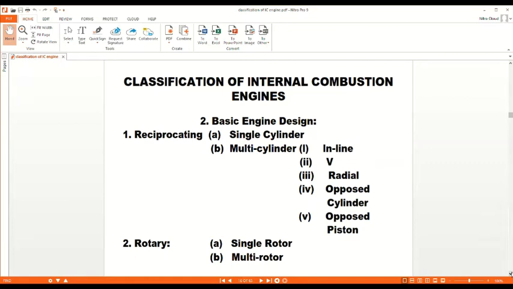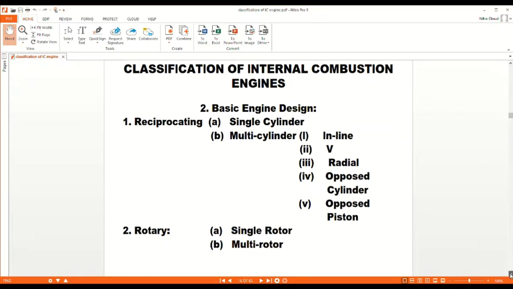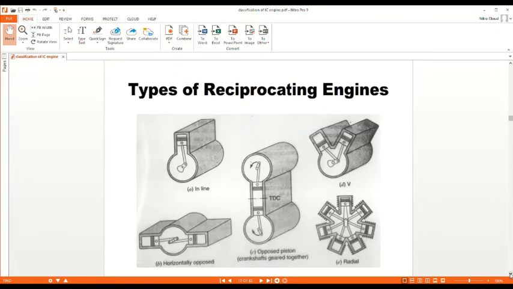Further, multi-cylinder engines are classified based on the arrangement of cylinders: inline cylinder, V cylinder, radial, opposed cylinder, opposed piston. Like this we can classify the multi-cylinder. The rotary engine is classified as single rotor, multi-rotor.